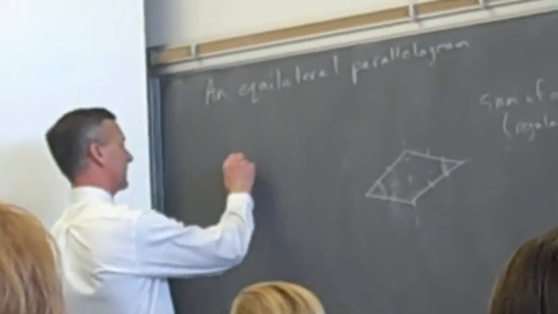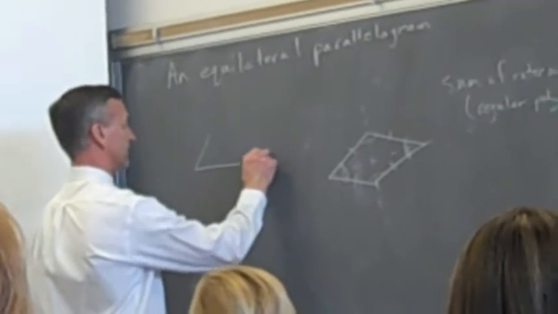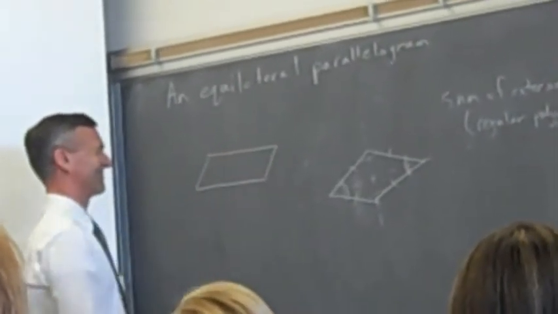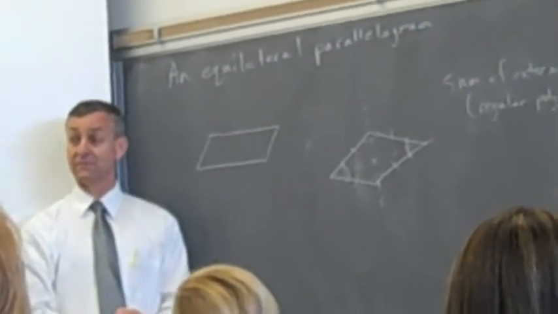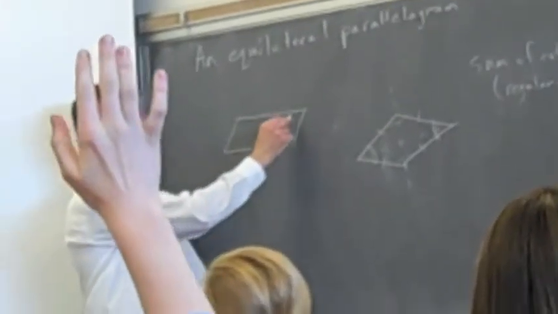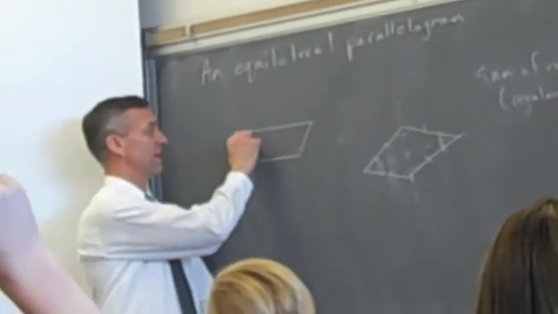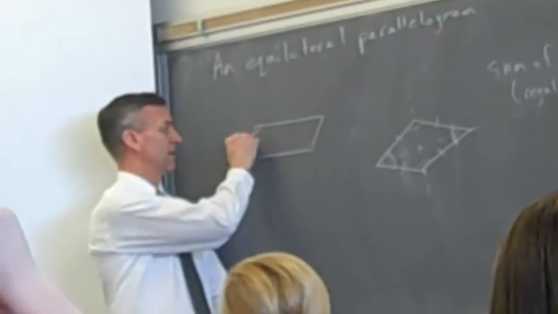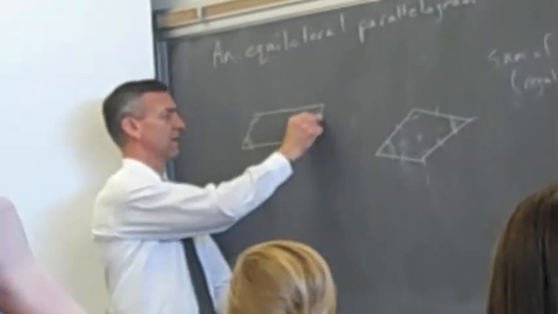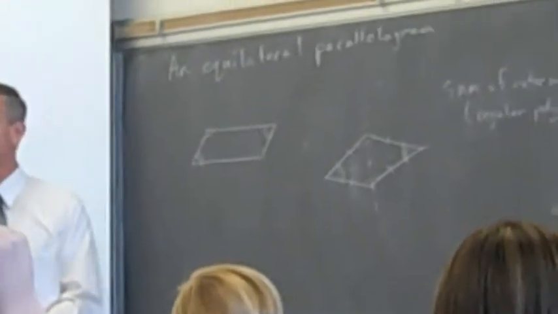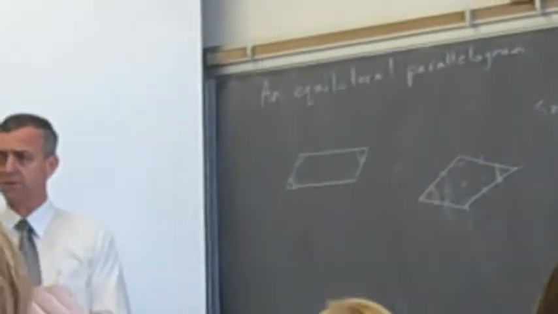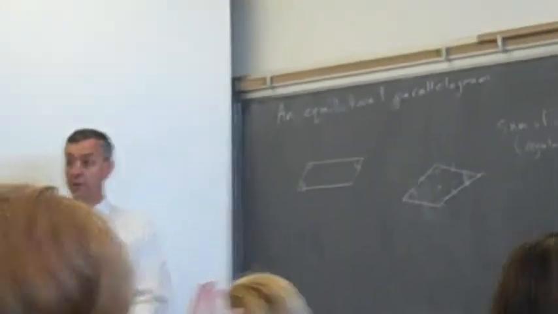What if I had one that was... It's still the same angle. Is this one the same as that one? Yeah. And this one the same as that one? So opposite angles are equal, not just for rhombuses, but for parallelograms?